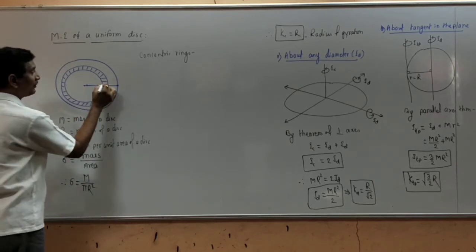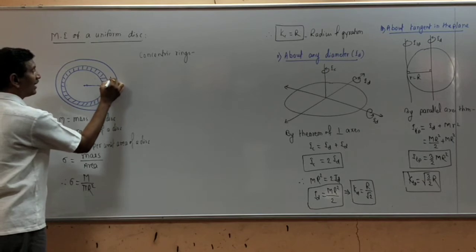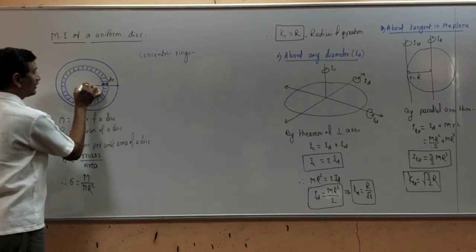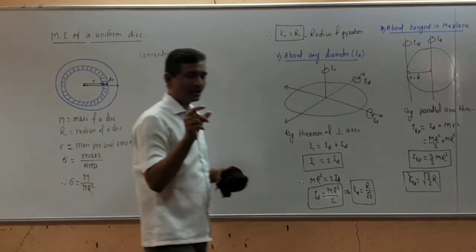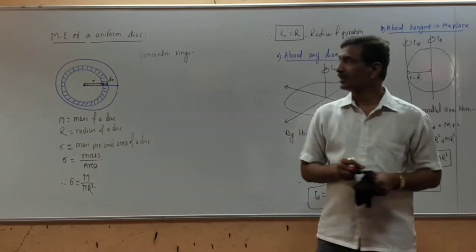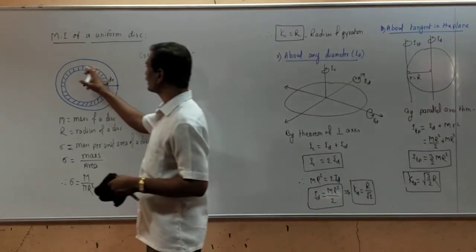The thickness of this ring is dr, and its distance from the center, that is the radius of the ring, is small r. So small r is the radius of the ring, dr is the thickness, and everywhere the thickness is the same.